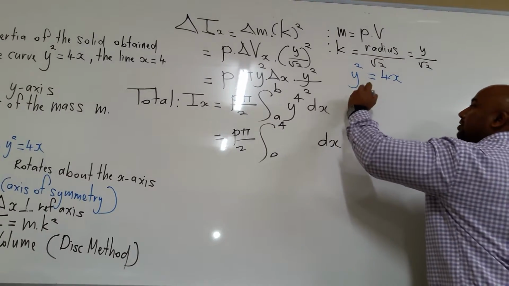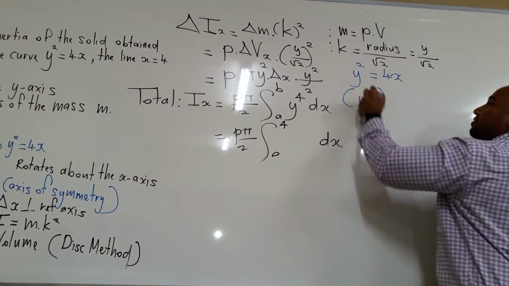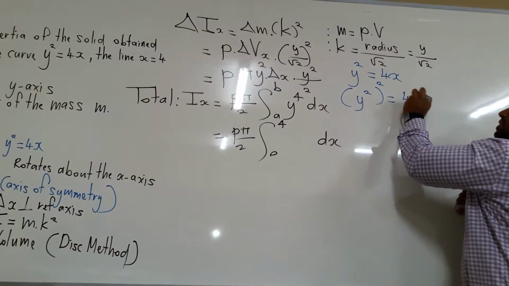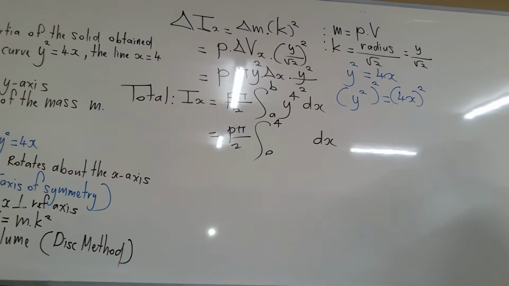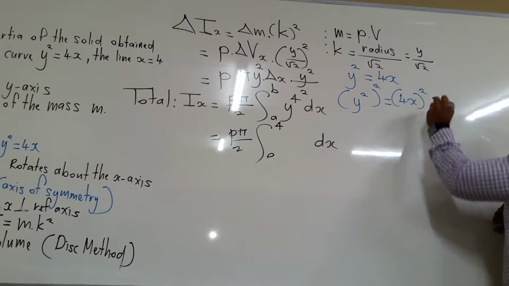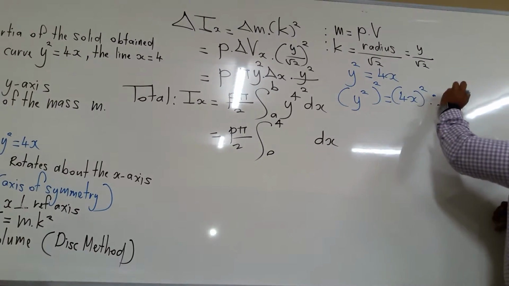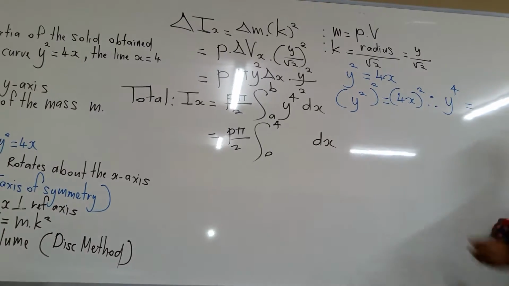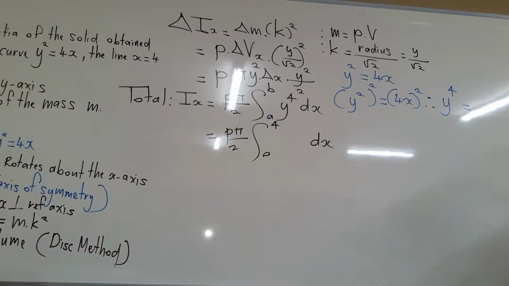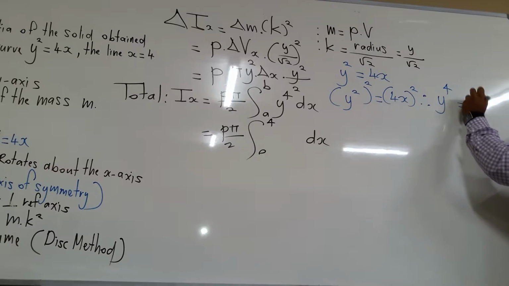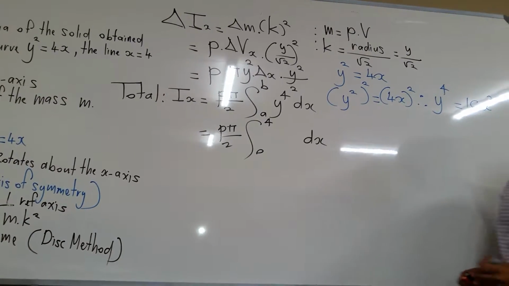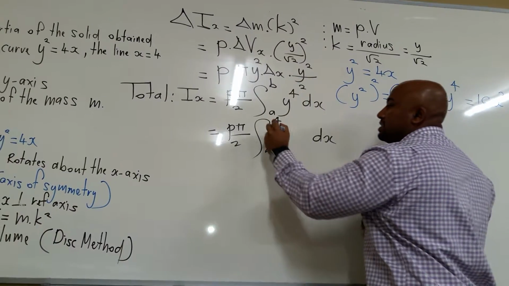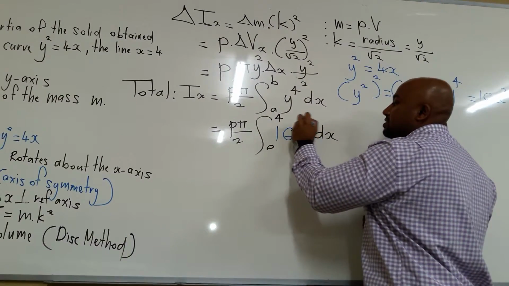So therefore, I will have to square the left hand side, square the right hand side. So y to the power 4 is 4x all squared, that will be 16x squared. So I know that y to the power 4 is 16x squared.